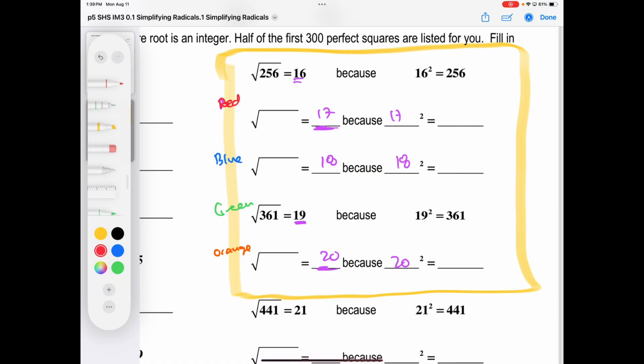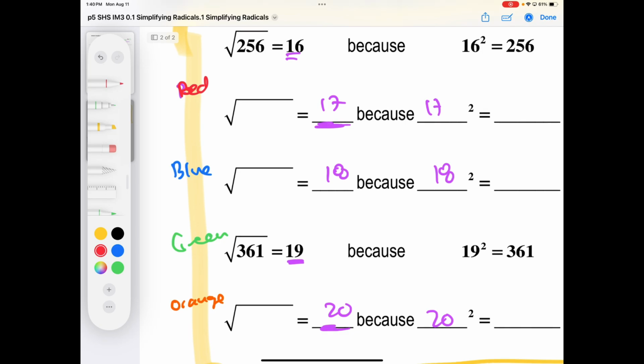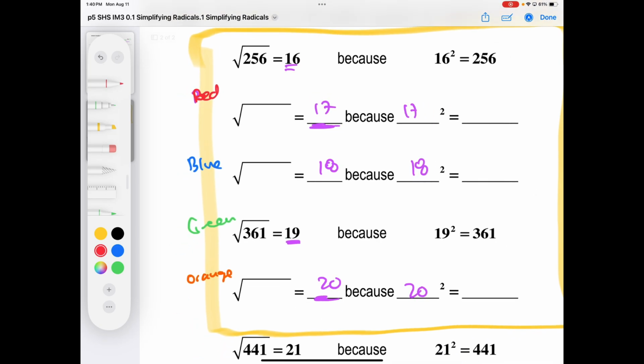Okay, red chairs, 17 squared is? On your calculators, you can write 17 times 17, or you could do 17 to the power of 2. That little caret, it's called, like an up arrow. What was it? 289. Okay.